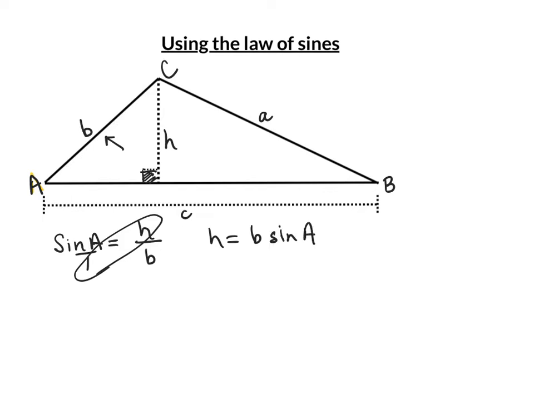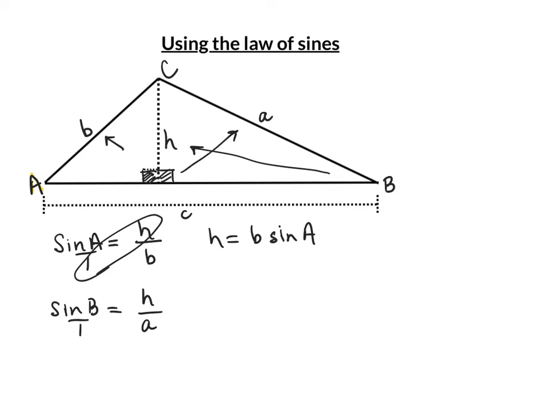And I can repeat that for the other side. I see that the sine of angle B is equal to, here's angle B, the opposite, so that would be H over the hypotenuse, which is little a.